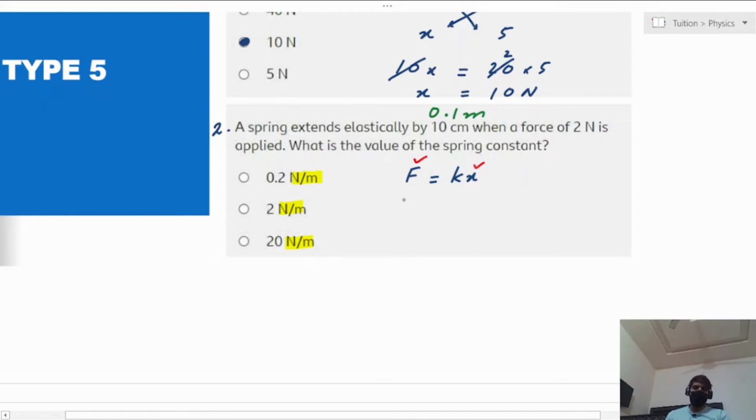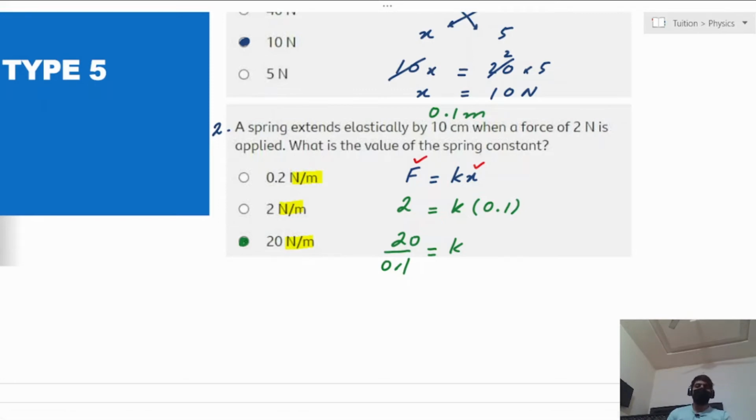Now you insert the value of F, 2. K would be there as it is. The value of X would be 0.1. So 2 divided by 0.1 goes to K. We add a 0 here, 20 over 1 would be 20 Newton per meter. Or just simply hit it on the calculator from there.